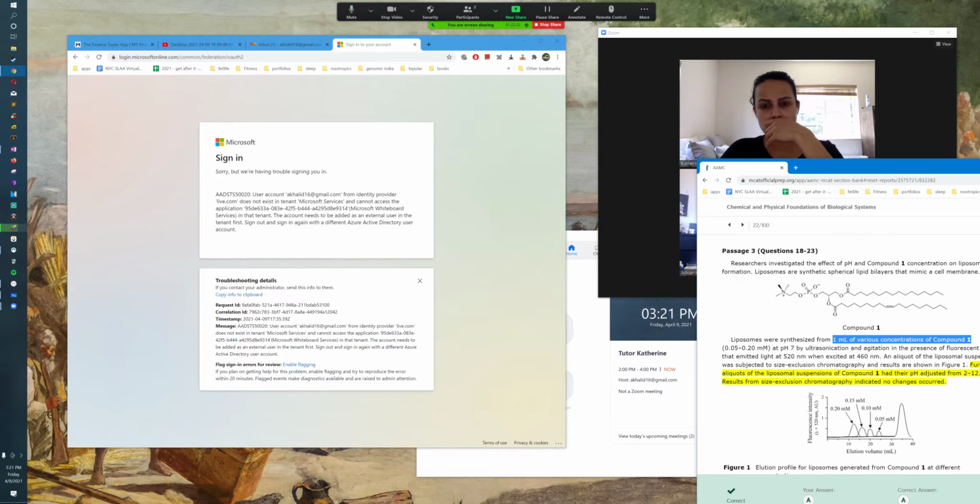So after you do the size exclusion chromatography, you end up with 20 ml of the 0.1 millimolar solution. However, that's just how much is eluted. That's not how much compound 1 there is. There's only 1 milliliter of compound 1.